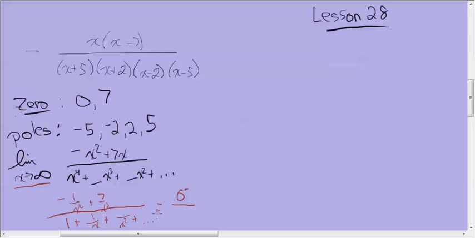Divided by 1 plus 0 plus 0 plus 0. Okay, so it's going to be 0 from the negative side.